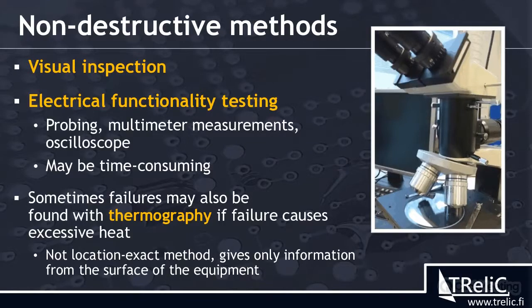For non-destructive methods, there is visual inspection and also electrical functionality testing if we are talking about electrical systems, which can be very beneficial, but also very time-consuming. In this, it is important that someone knows exactly how the device actually works, so we can look really where the failure has occurred. Sometimes checking the temperature can also be really useful for finding the failures, but this can be a bit more challenging.